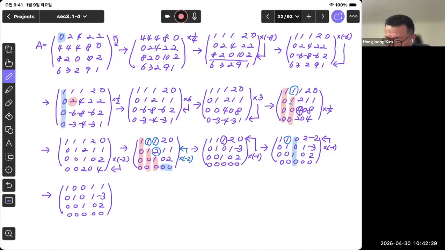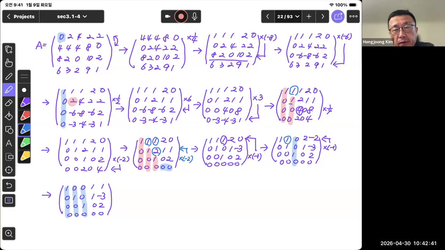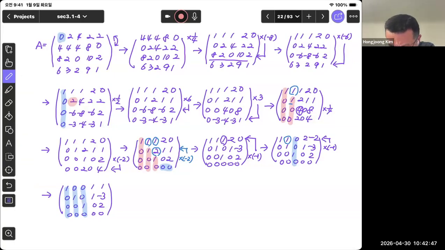So now I have 1, 0, 0, 0, 0, 1, 0, 0, 0, 0, 1, 0. Okay. Then these three columns are now independent.